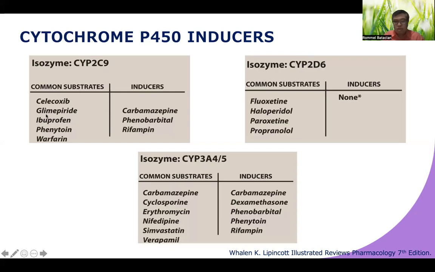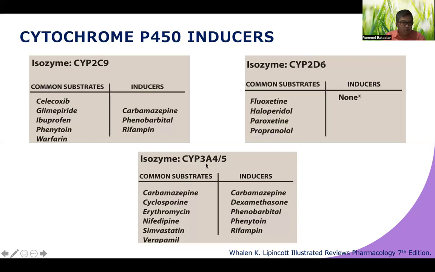Glimepiride may not be as effective in treating diabetes because phenobarbital is an inducer of this isoenzyme, meaning it increases the metabolism of glimepiride. Therefore, its blood glucose lowering effect is decreased or markedly decreased.